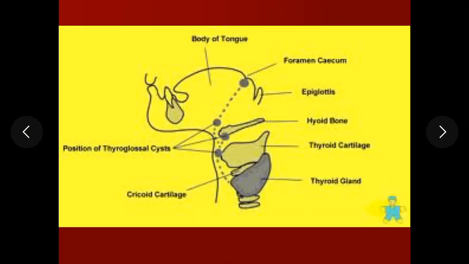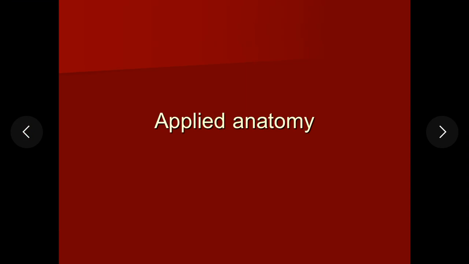You are seeing the foramen cecum marked there, and then the normal route of descent of the thyroid gland, the thyroglossal duct, then the ectopic thyroid, you can see there. Then you can see the different positions of thyroglossal cyst. So with that we finish the normal development.